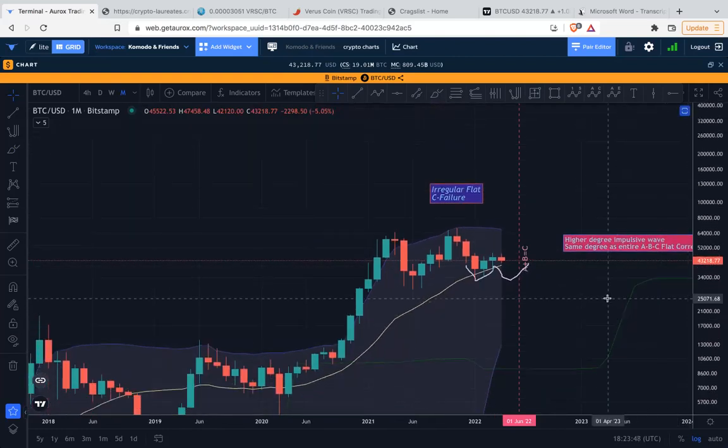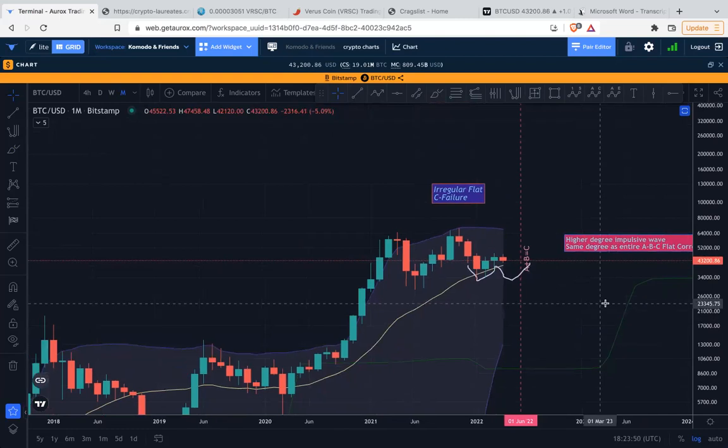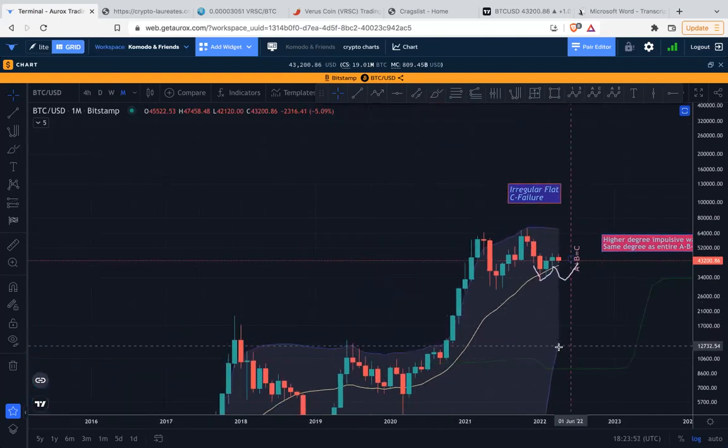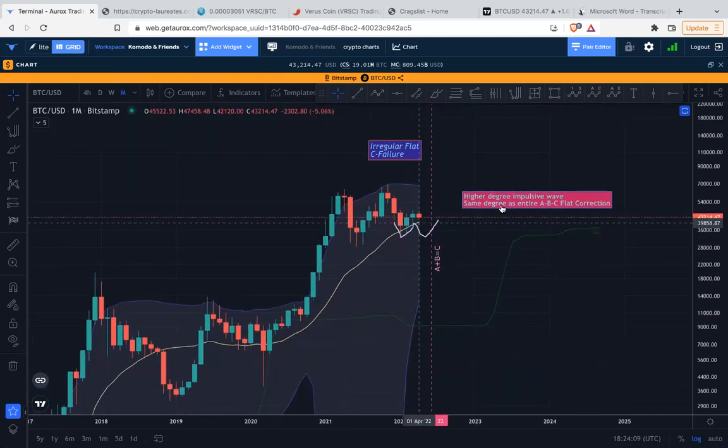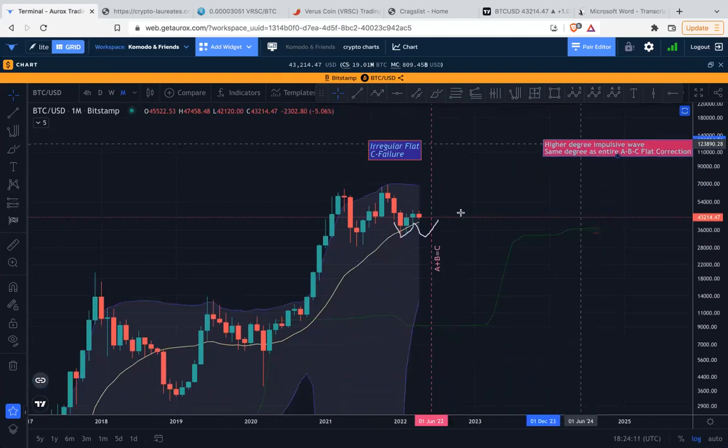Otherwise, 23 on a monthly time frame, that's tough because the Bollinger Band is all the way down here. The principle of Bollinger Bands is when you reach the top and exhaust the top and come off of it, and then you test it again when you come away, and then you come to the 20 moving average and you hold that, and then you break below it.